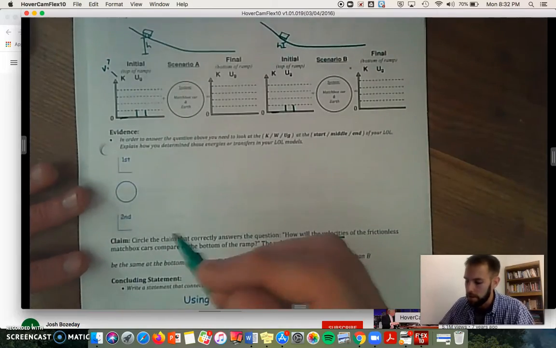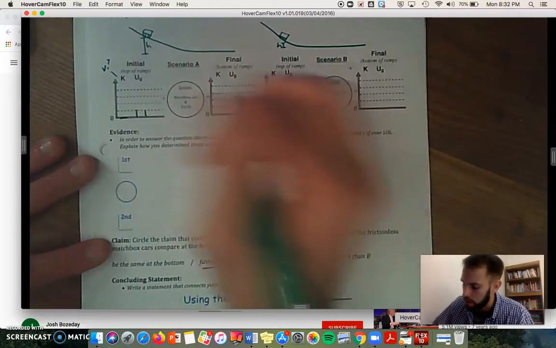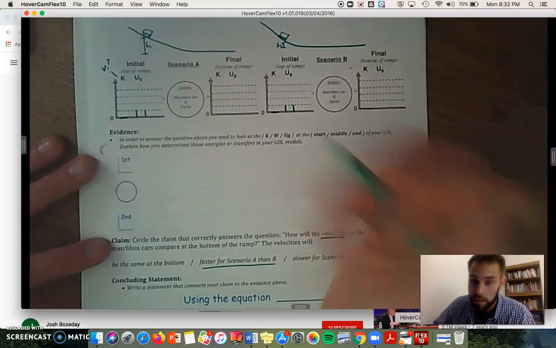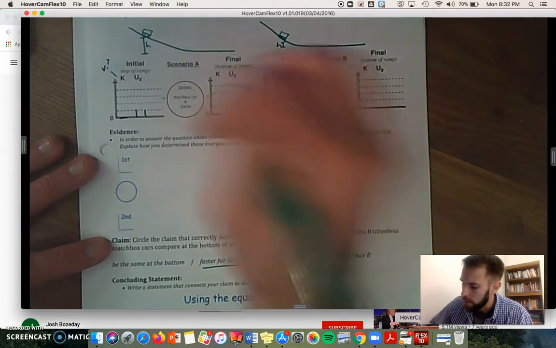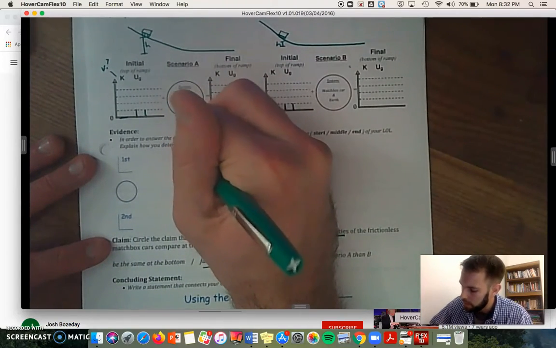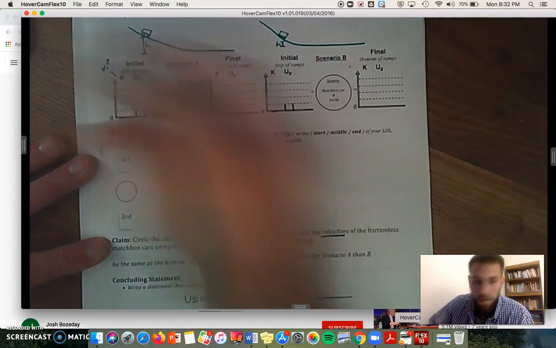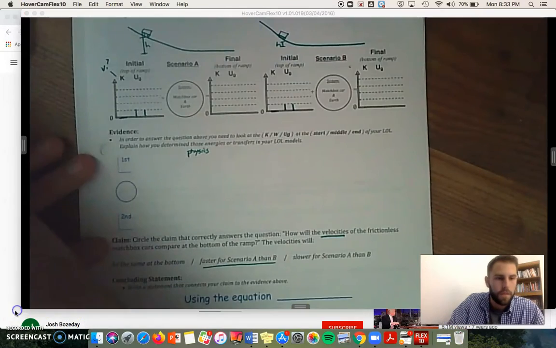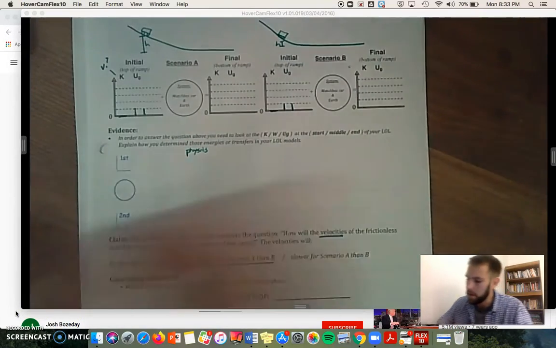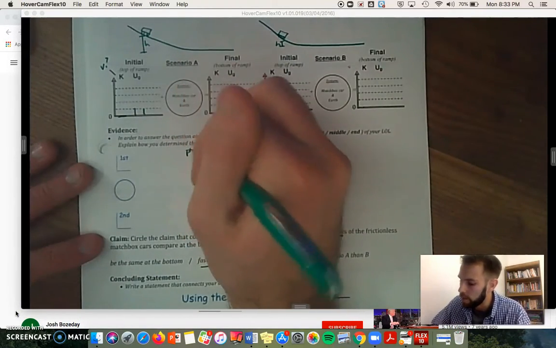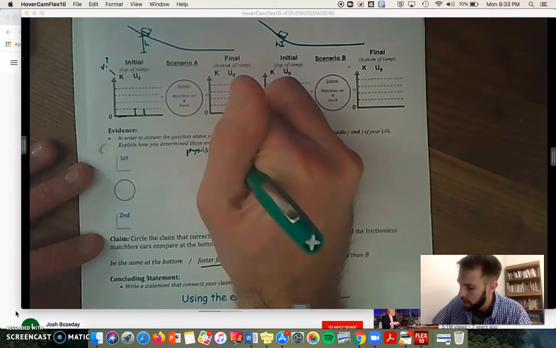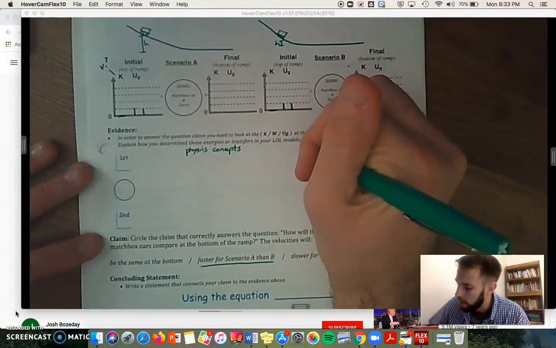What I mean by that is we're always going to start off with two components, kind of similar to our graphs: our physics concepts, and then describing our model.